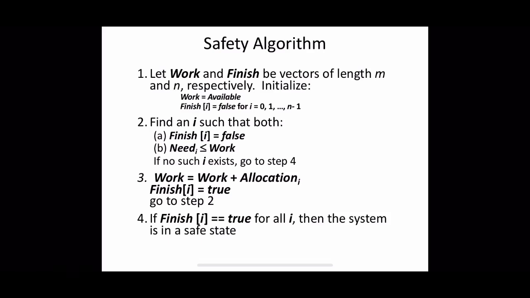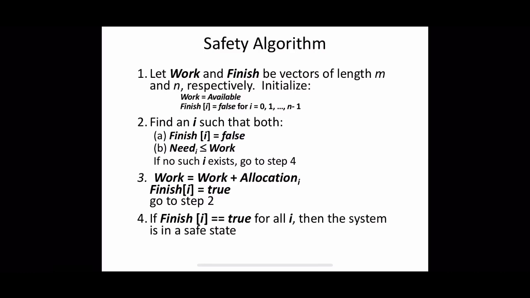So the same principle works here also. We can see it step by step. First, we are using two vectors, Work and Finish. Work is initialized with the currently available free resource set, and Finish is the vector representing whether the processes are finished or not.